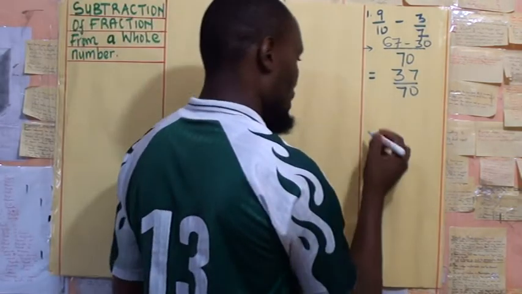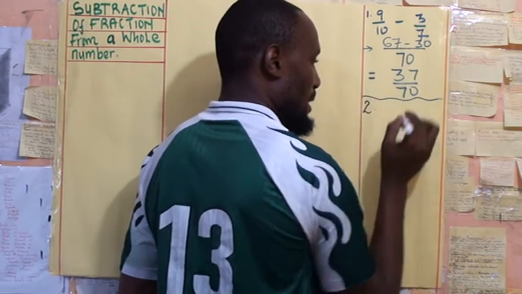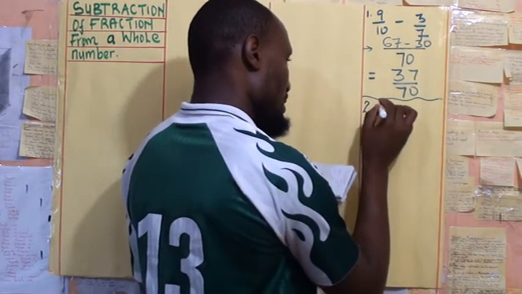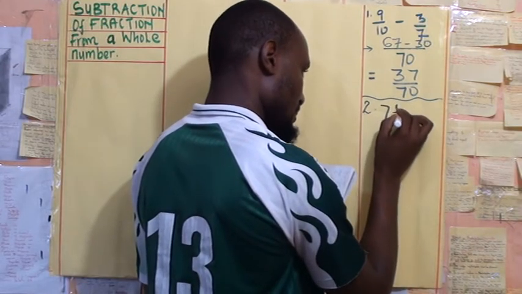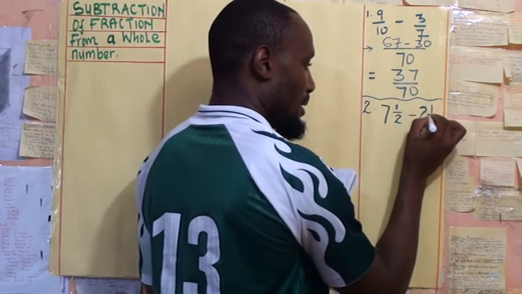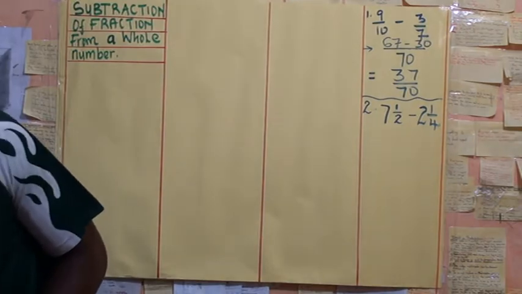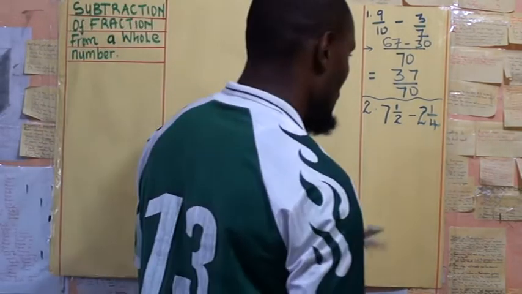The second one was this, number 2, for the example. Number 2 was 7.5 minus 2, 1 over 4.